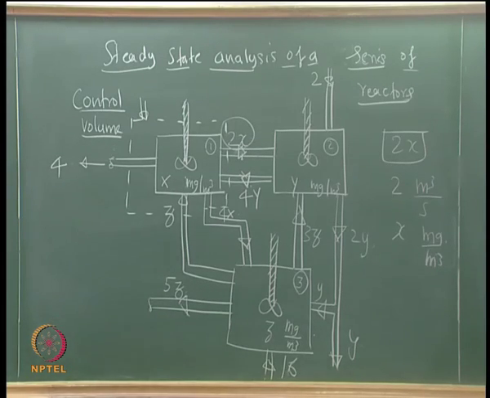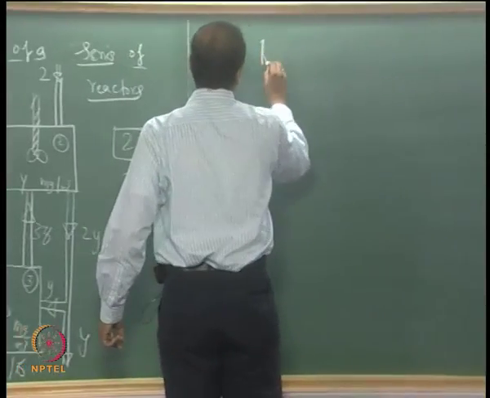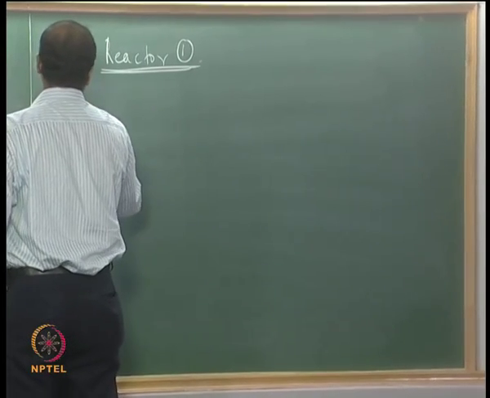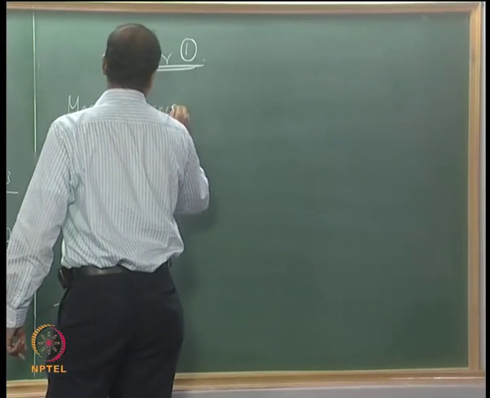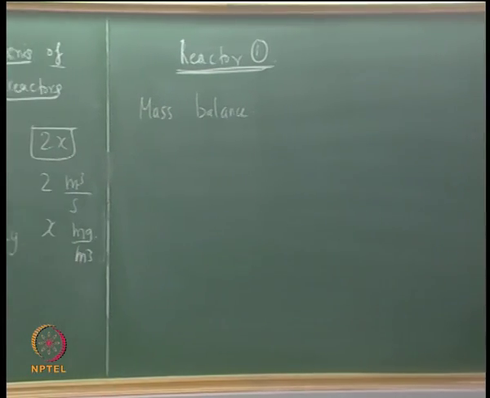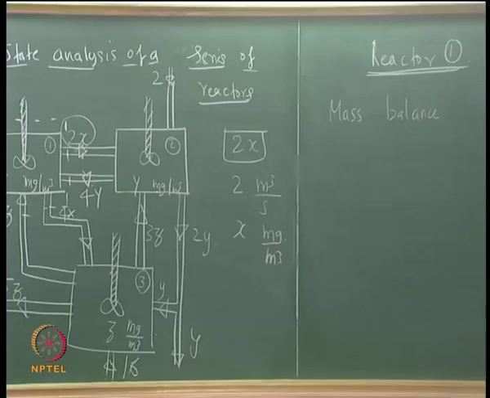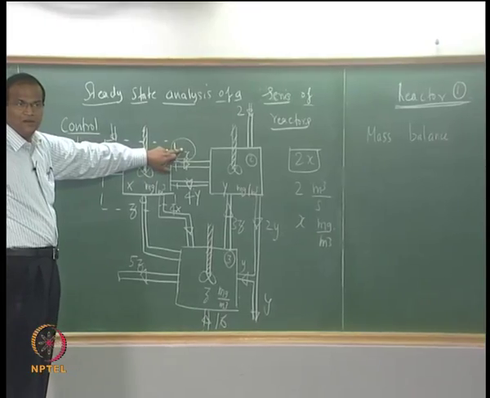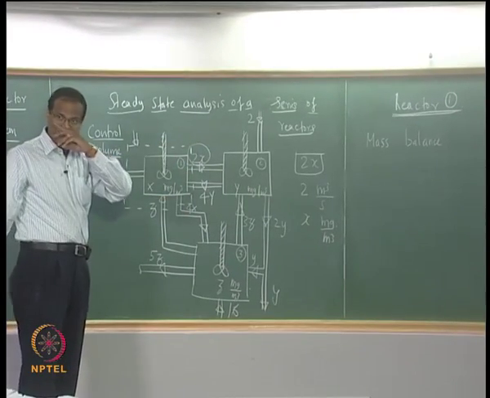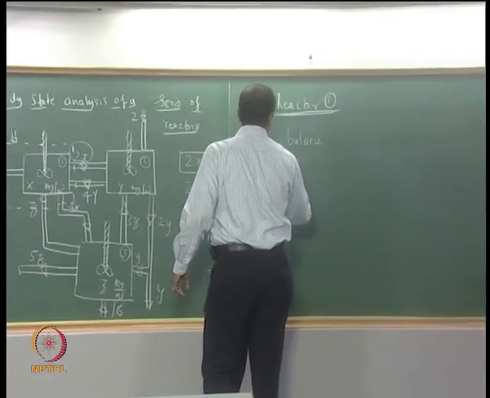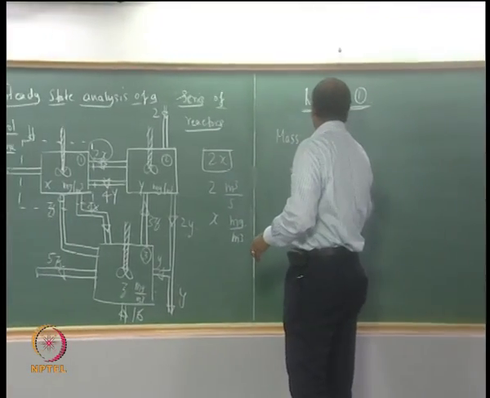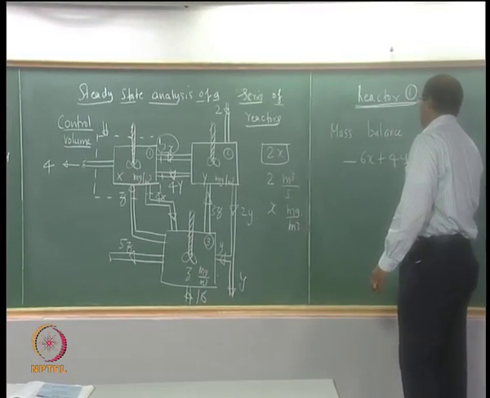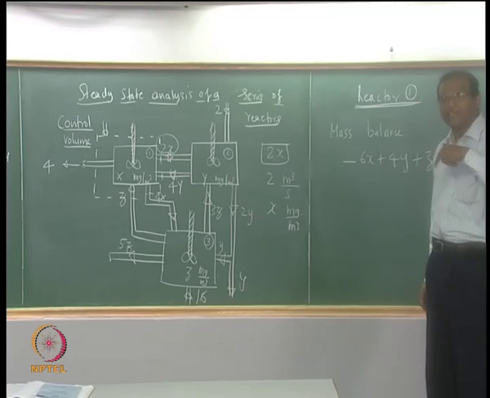So reactor 1, what do you get? So 2x is going out from here, 4x is going out from here, so minus 6x, 4y is coming inside, plus z, minus 4 is equal to 0.